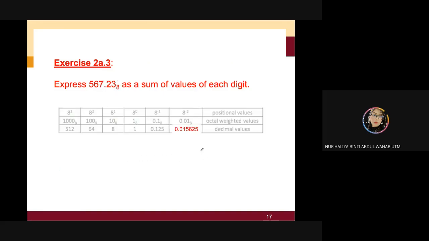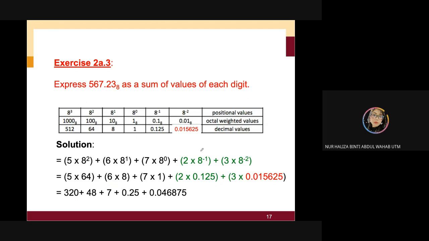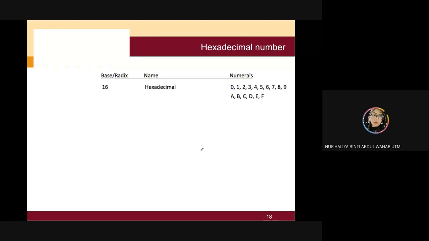We try to do this example also. And now we go to hexadecimal. As mentioned, with base 16, you're going to have 16 digits in the representation.